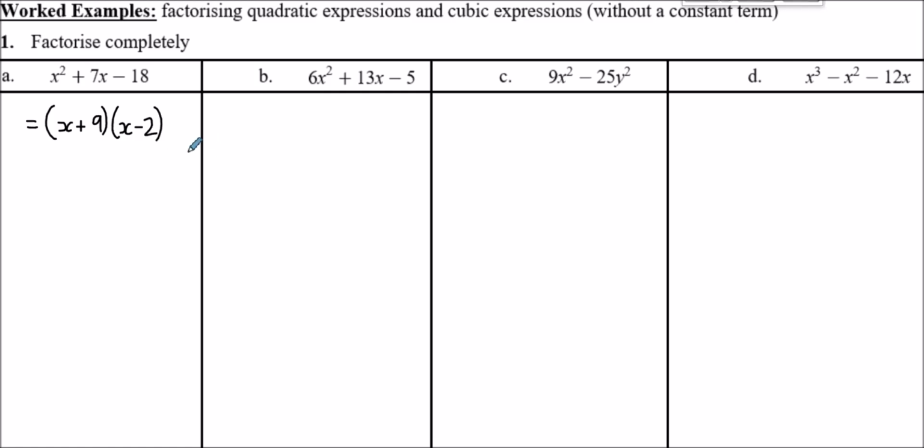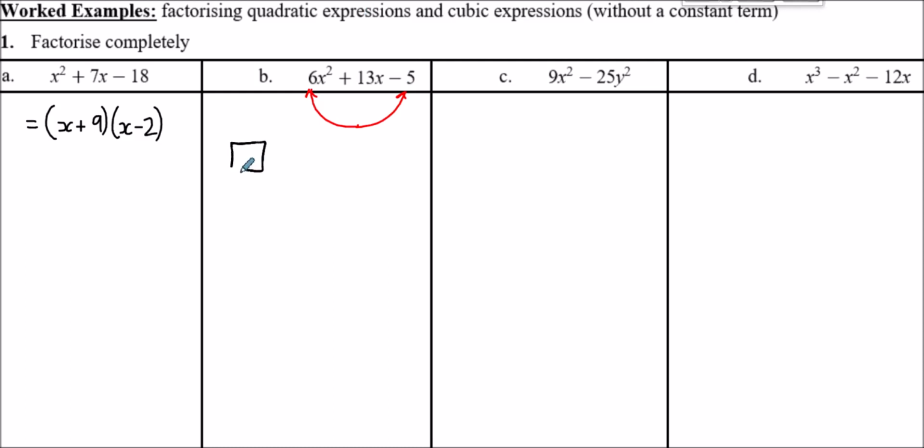Simple as that. For part B, the coefficient of x squared isn't 1. So we need to use what I call the AC method. So we multiply the coefficient of x squared, which is 6, by this constant term, which is minus 5. 6 multiplied by minus 5 is minus 30.